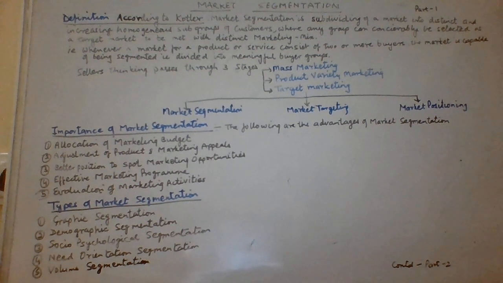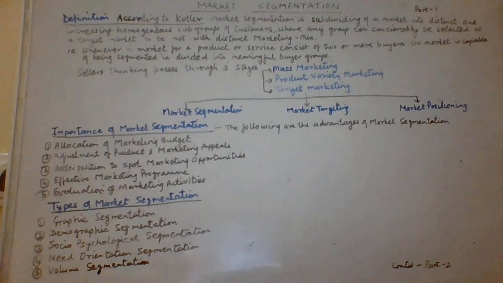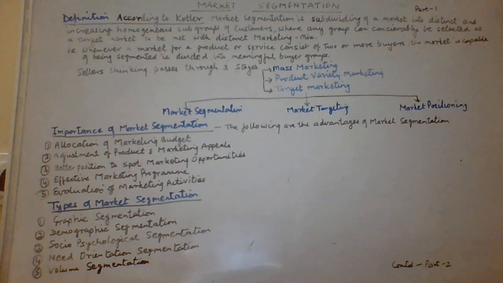Market targeting is the second step: evaluating each segment's attractiveness, trying to understand the basic necessities of different groups and selecting one or more of the market segments. After the research work, one or two groups may be selected.